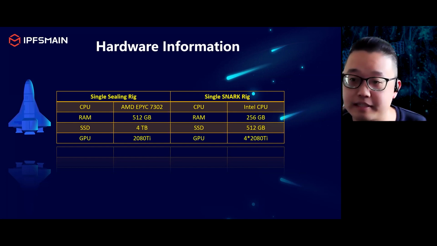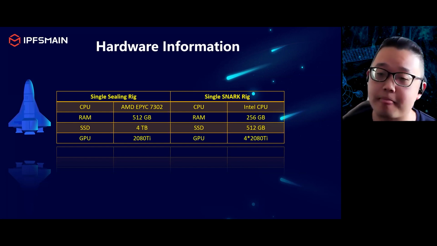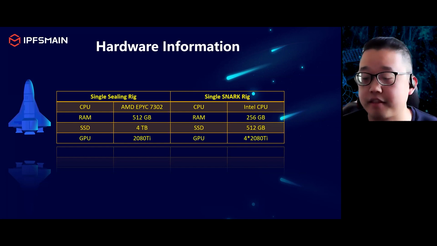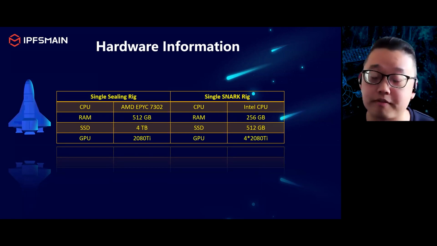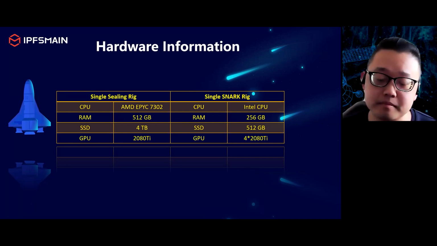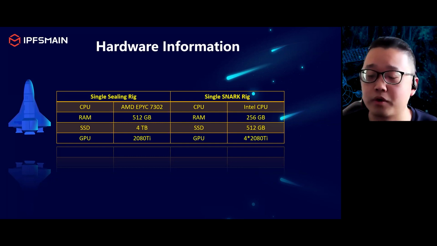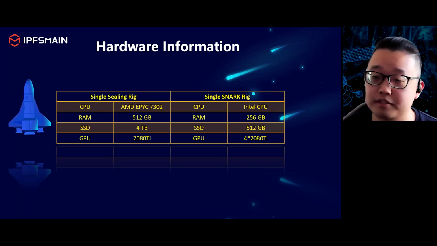Secondly, you would need at least 128 gig of RAM. And as indicated in the Filecoin docs, this should be complemented with 256 gigabytes of swap on a fast NVMe SSD storage medium. And a powerful GPU could significantly speed up the Snark computations.